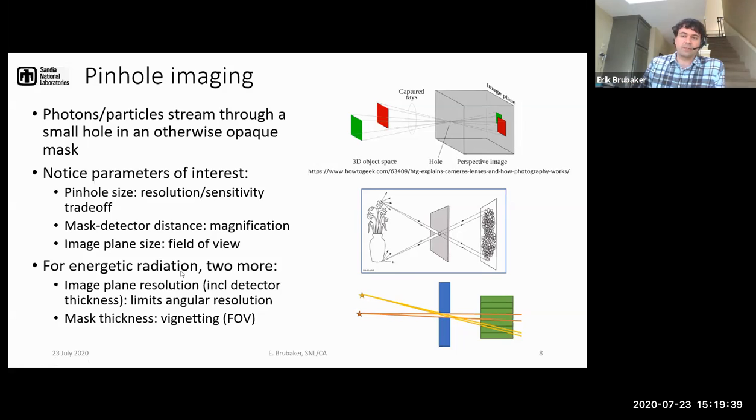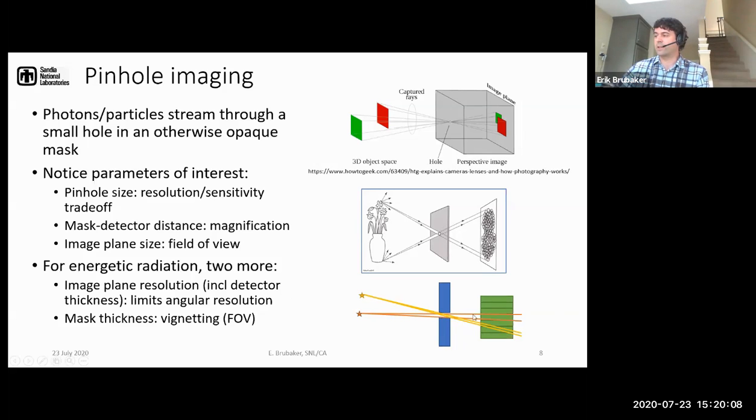You'll see later that we typically use 2 to 4 inches of plastic for the neutron-coded aperture in order to attenuate those particles. So because of the thickness of the mask, and similarly the thickness of the detector, because you also need a significant thickness of detector material in order to capture the particles with a high probability, that adds some extra issues with the imaging part.